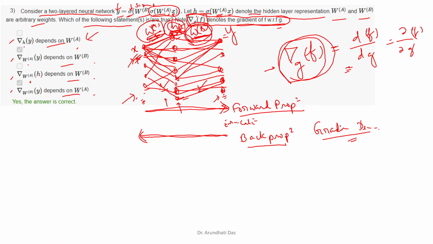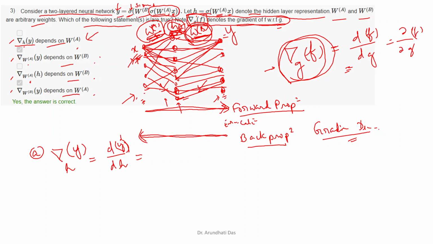Let us decode the first option. It takes the gradient of y with respect to h, so we take the derivative of y with respect to h. What is the formula of y?